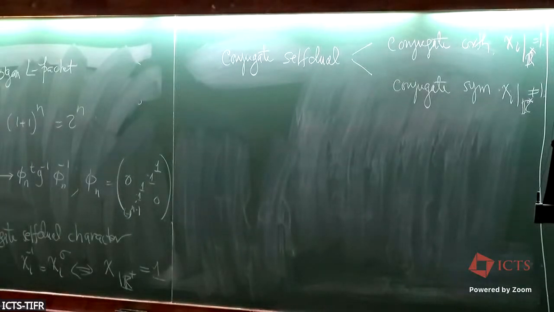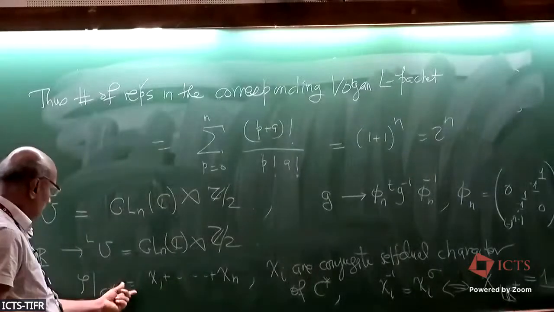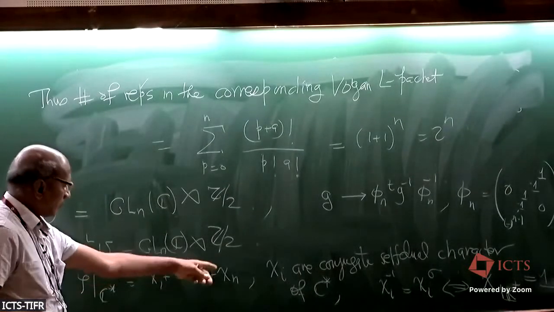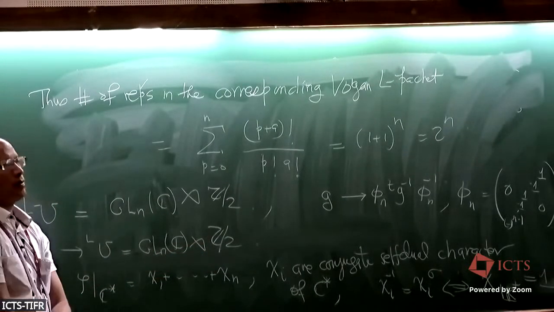So these are the parameters for unitary groups. A parameter for a unitary group is just a sum of n characters of C star. A parameter phi for a unitary group is a mapping from W_R to the L group of U, which is this, and this is equivalent information to just saying phi restricted to C star is a sum of conjugate self-dual characters.